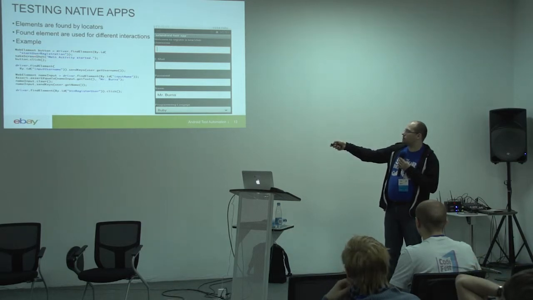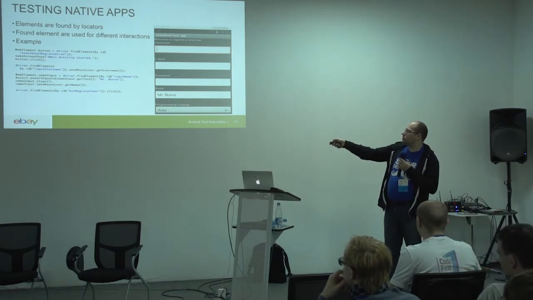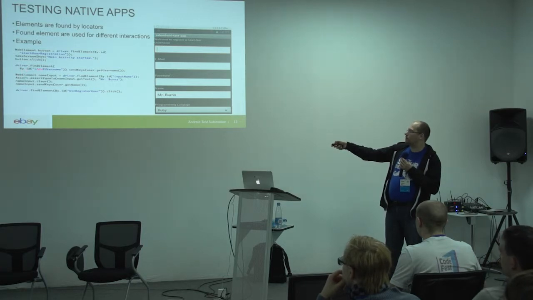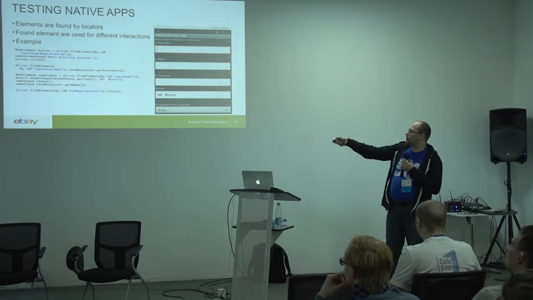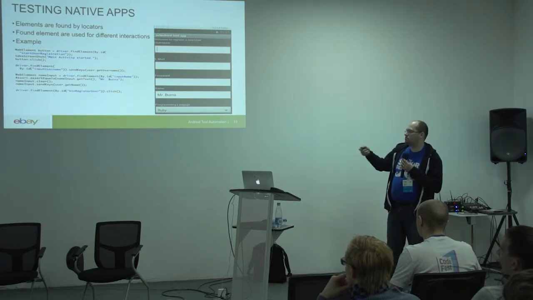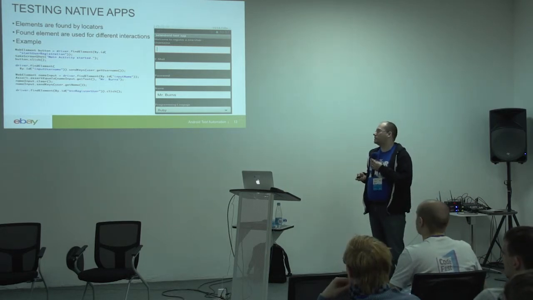We are also able to take screenshots, and after the button has been clicked, if we are at the next activity, we can find the text field with the input username ID and enter the username. Then we can also verify that the text is already entered, and on the other side we can clear the text and enter a new text, and then register the user or click again on the button.